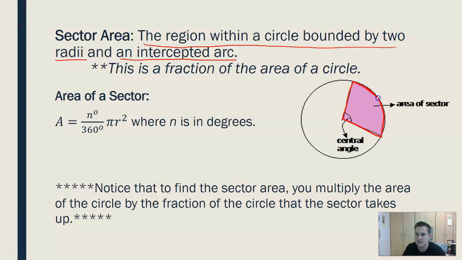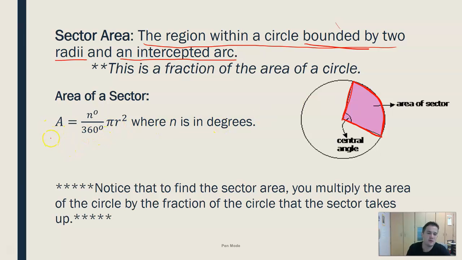So this right here is the arc. Here are my two radii. So the sector area is the area of this little wedge bounded by those two radii and the arc. Just a little chunk of the area of the circle is what the sector area is.